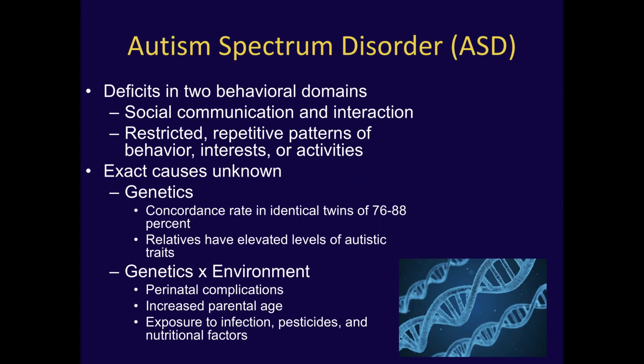Autism spectrum disorder is diagnosed based on deficits in two behavioral domains, social, communication, and interaction, and then restricted, repetitive patterns of behavior, interests, or activities. So when I say social and communication, essentially an individual may have difficulty forming social relationships, responding appropriately to social cues, sharing experiences with others, and participating in normal social interactions.